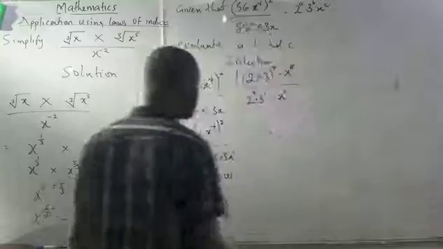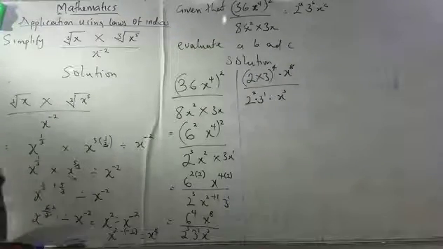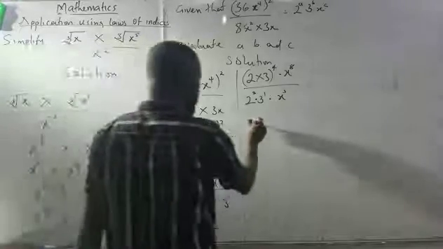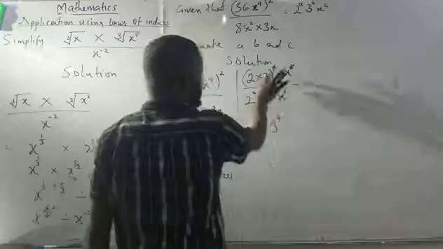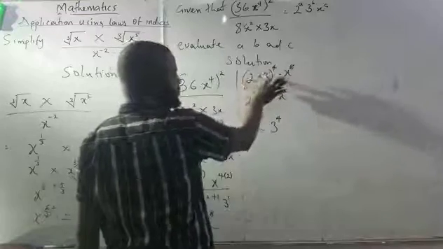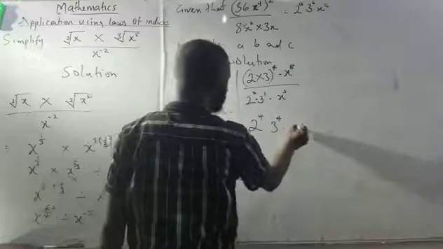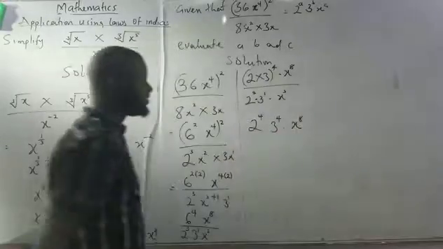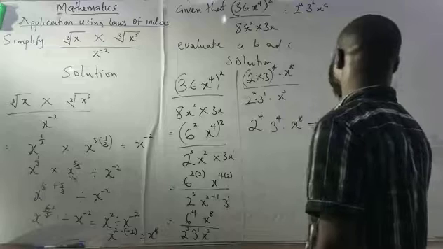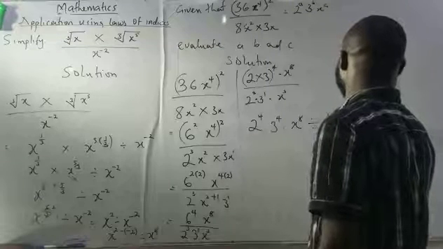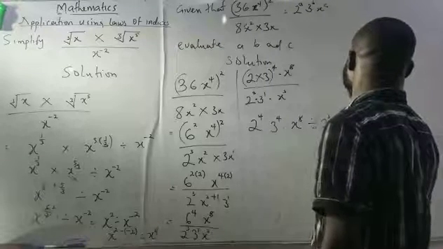This can be written as 2 raised to the power 4 and 3 raised to the power 4. The power belongs to this and also belongs to this.